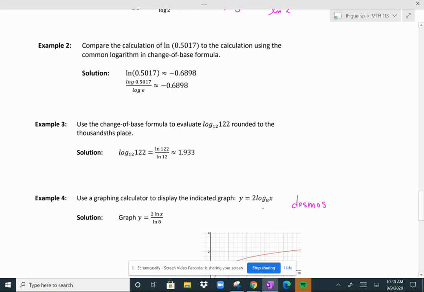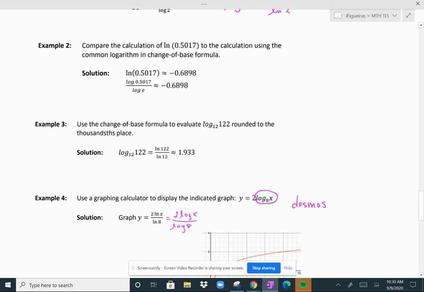So 2 log base 8 of x, you're basically just rewriting log base 8 of x, and 2 becomes the coefficient. So that's 2 ln of x over ln of 8, or it'll be 2 log of x over log of 8, and you would get the same graph.